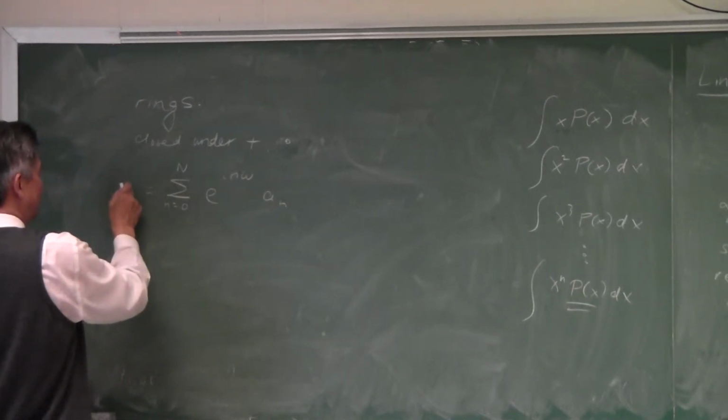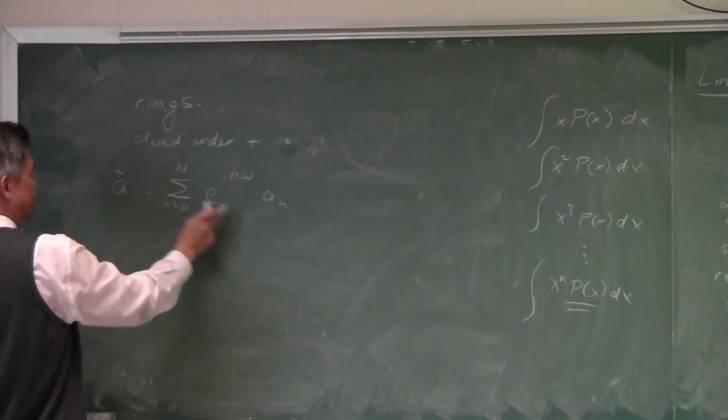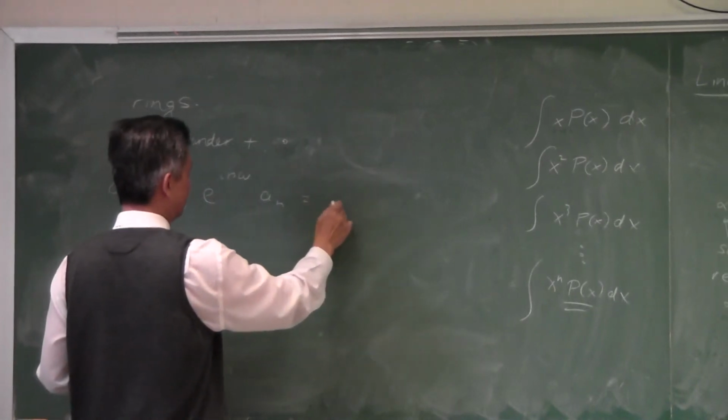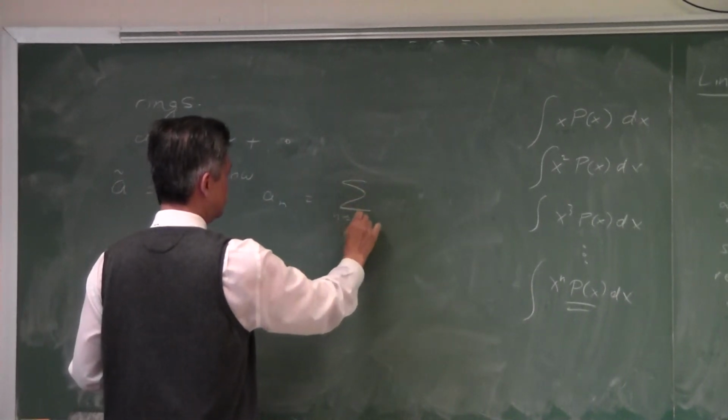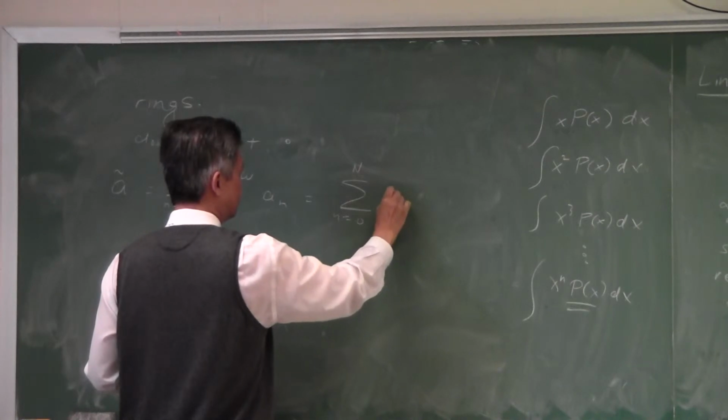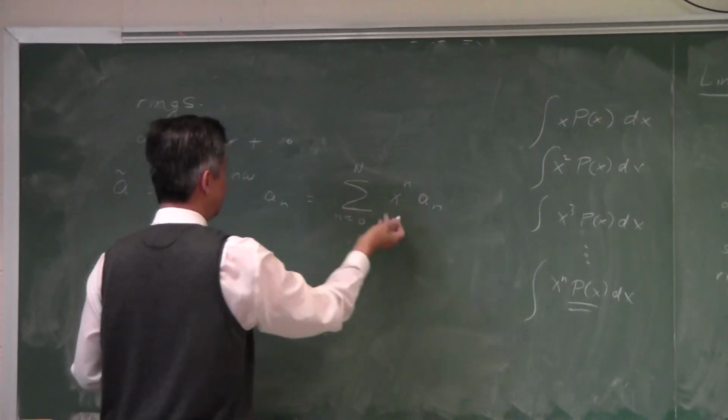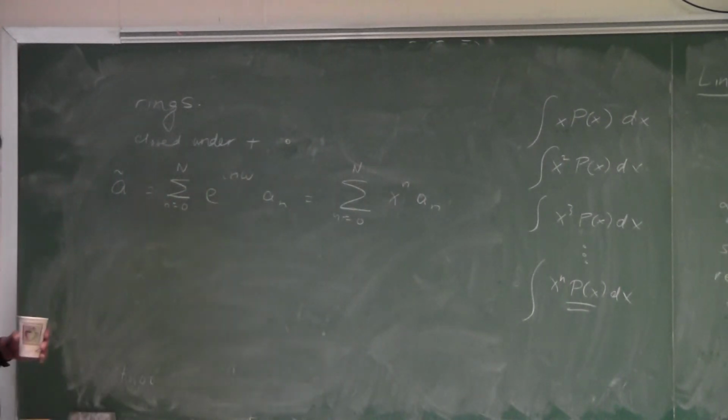And this is the FFT of a, and this can be thought of as x to the n, right? So the FFT is this kind of polynomial interpolation. So you can think of the study of polynomial rings the same as the study of polynomials.